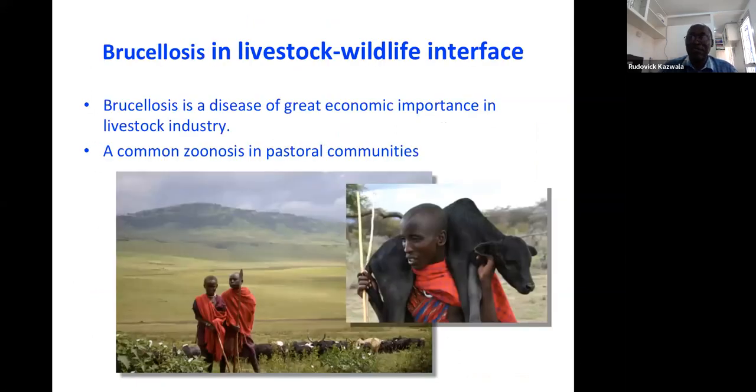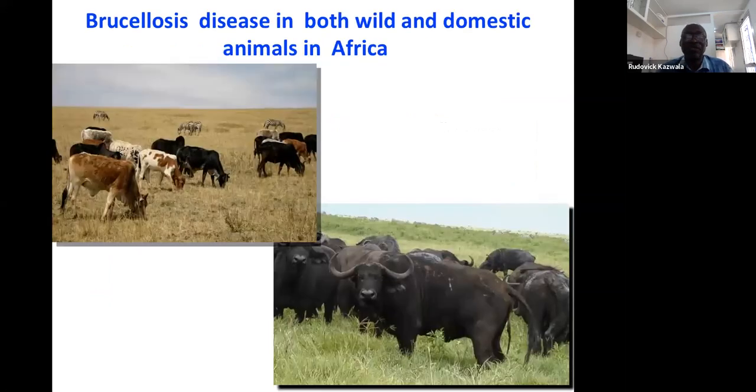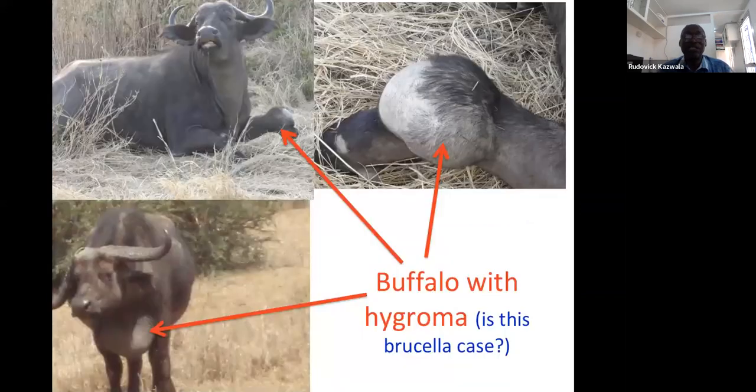Brucellosis has been a disease of concern for many years, especially for the economic losses in terms of abortions and calf mortalities. And we have looked at that in the ecosystems. We looked at cattle and looked at buffalo, and we could see some signs of disease in some of the wild animals.